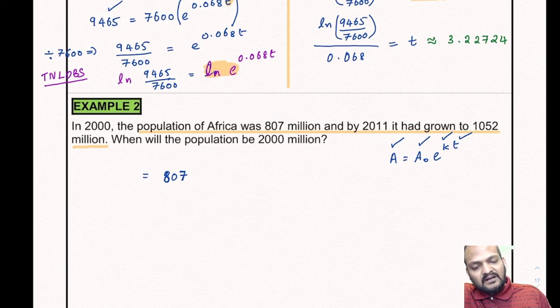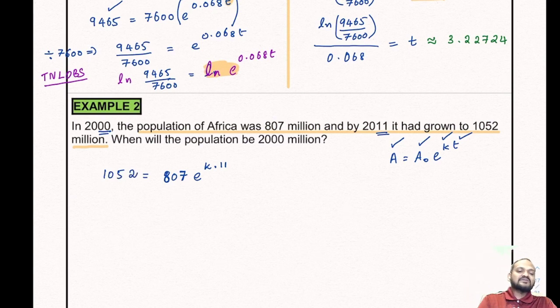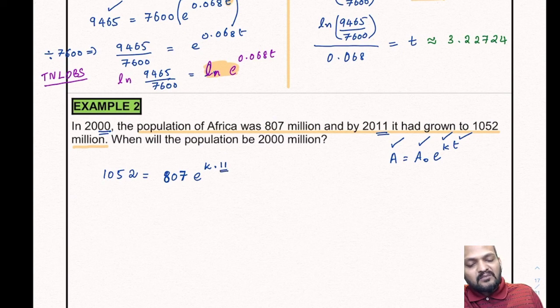And after 11 years, because it was 2011, by 2011 means it's 11 years, so e to the k times t is the 11, right? Time. It had grown to be 1052 million. So the equation that I have is 1052, the amount of population after 11 years, if the initial population is 807, and that's what I have.